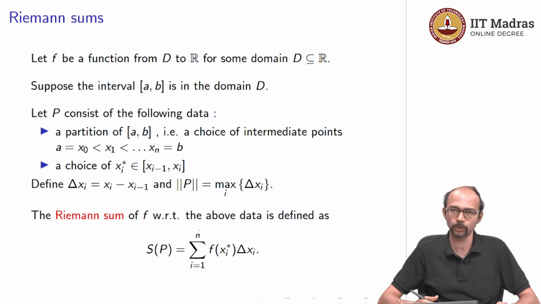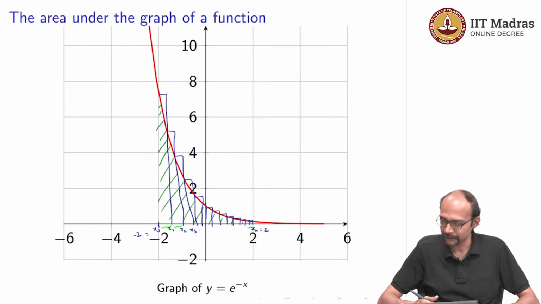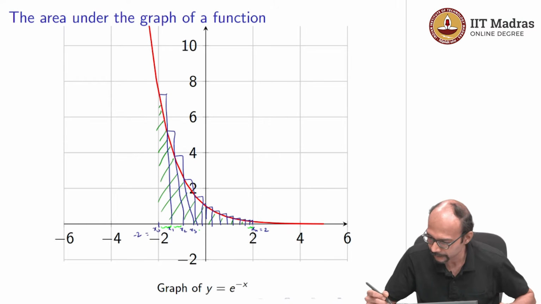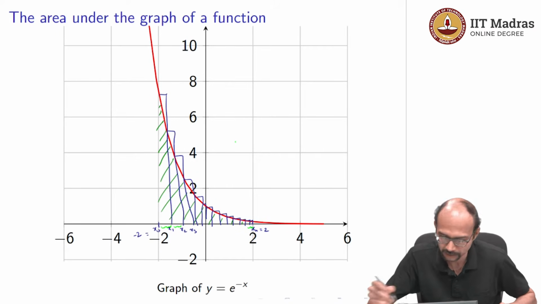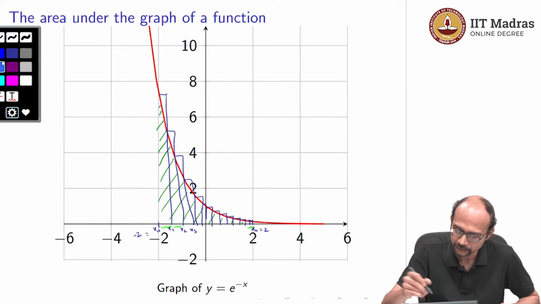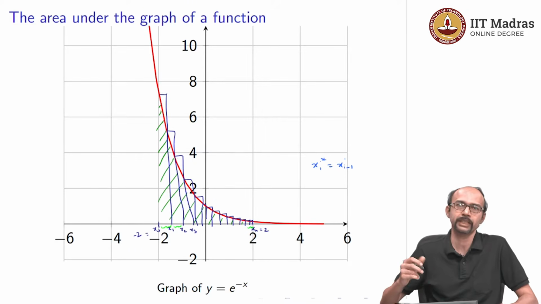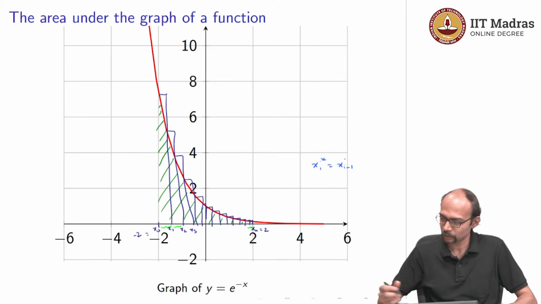Okay, what is going on here? Let's go back to our picture over there. Suppose I choose my x_i star to be the first point of that interval. x_i star has to be between x_{i-1} and x_i, so I choose x_i star to be x_{i-1}.